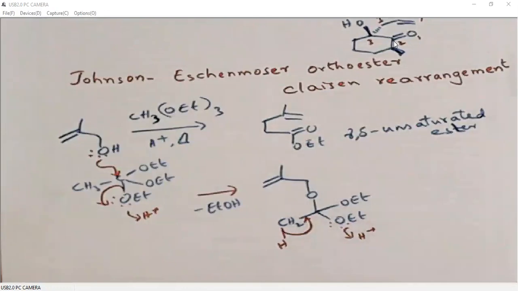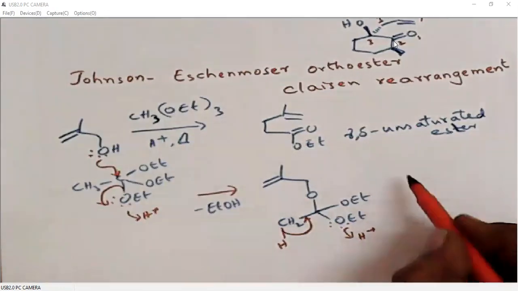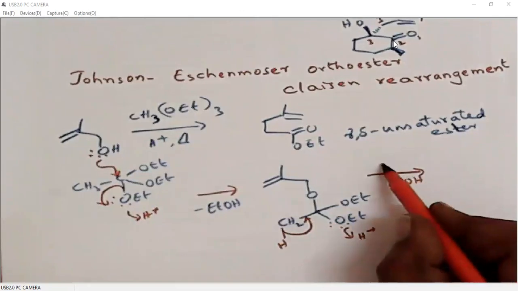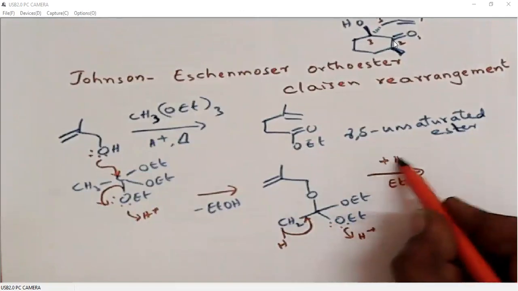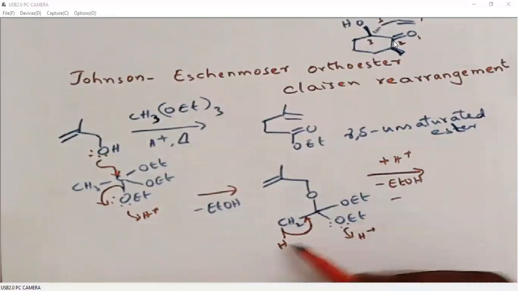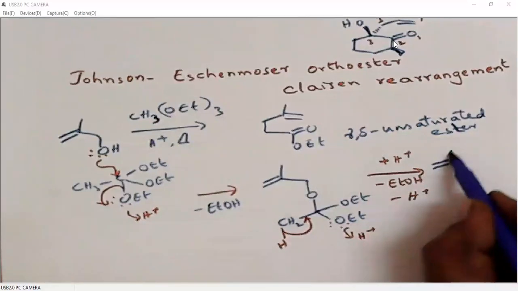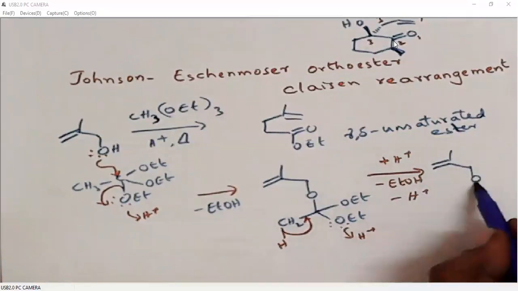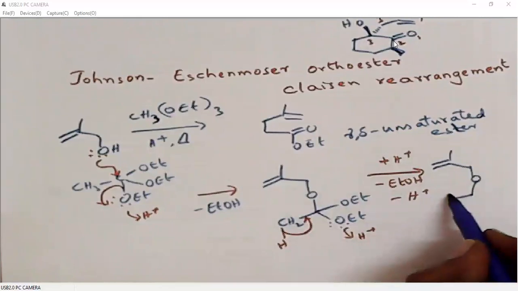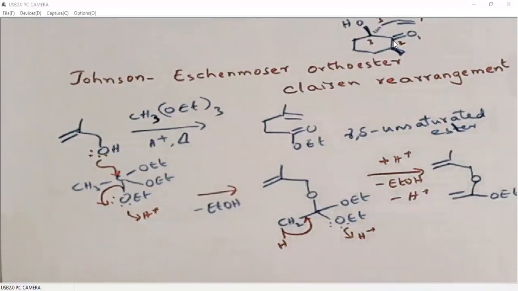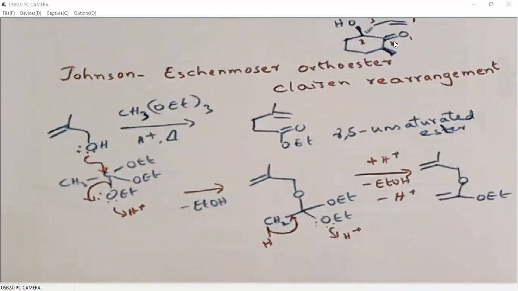Again, ethanol will be leaving, and this H plus is also leaving. So this generates the substrate for the Claisen rearrangement. Now you see this is the substrate for Claisen rearrangement.